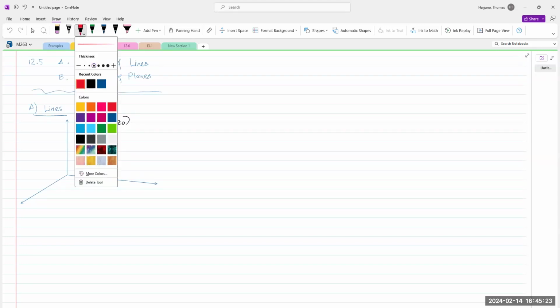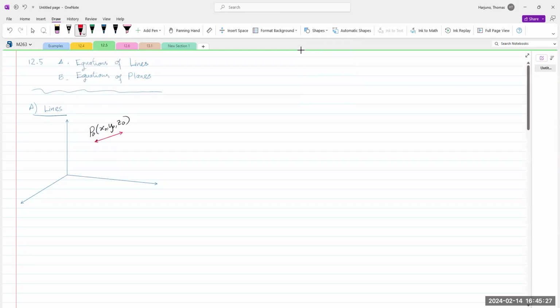This line is parallel to vector v. Call this line L. Line L contains point P naught, that's (x naught, y naught, z naught), and is parallel to v.